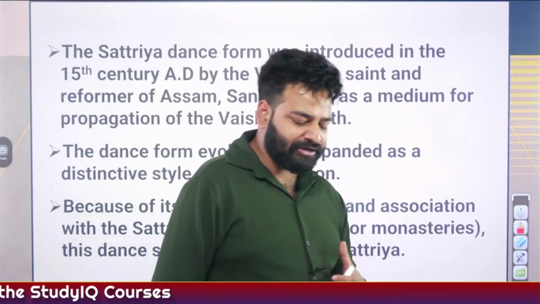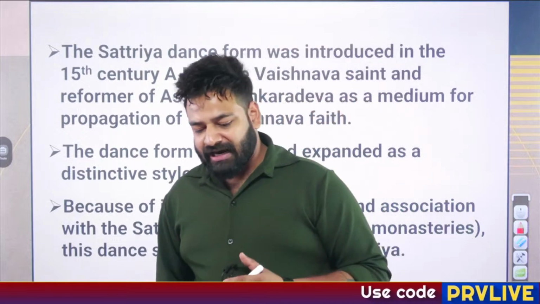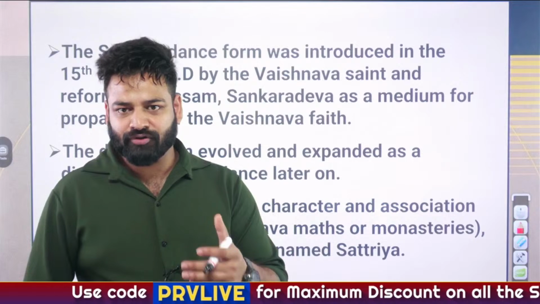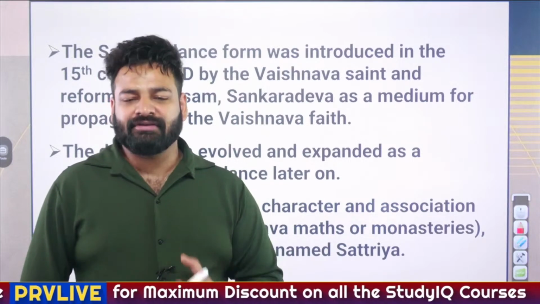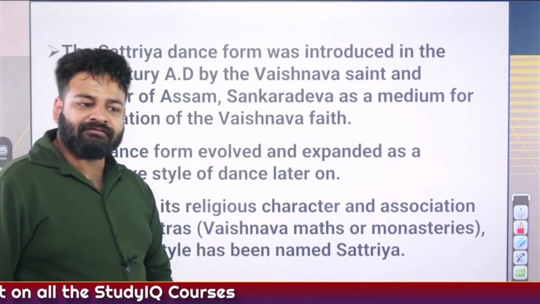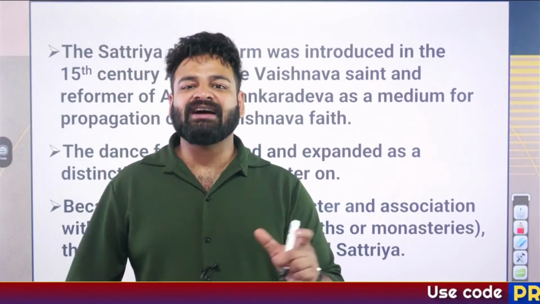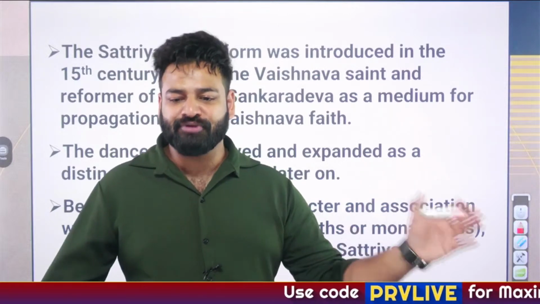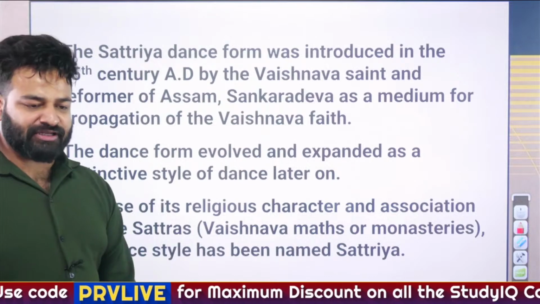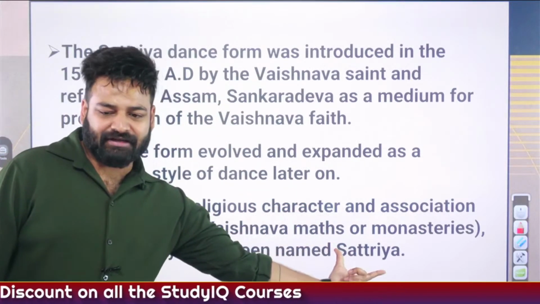The devotees of Vaishnavism started their own monasteries, which in Hindi we call mutt. The mutts were termed as Satras. The followers of Vaishnavism were also termed as Sattriya, and the dance performance they used to have in order to propagate Vaishnavism came to be known as Sattriya.